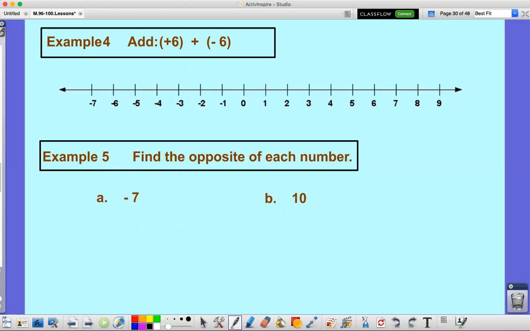Let's continue on. Let's do this one. Example 4. Sometimes positive and negative numbers are written with parentheses like this. The parentheses will help you see that the positive or negative sign is the sign of the number and not an addition or subtraction symbol or an operation. So this is positive 6 plus a negative 6.